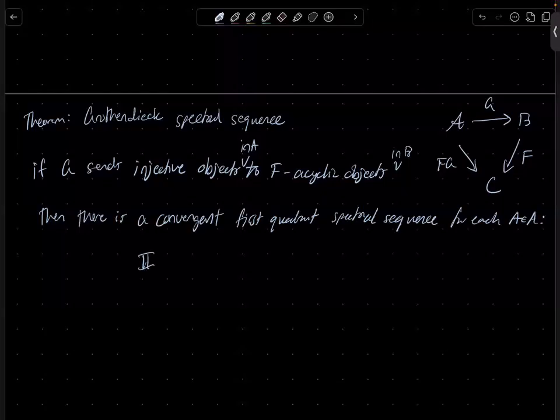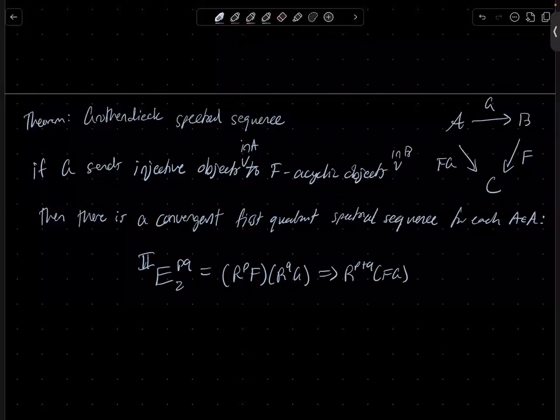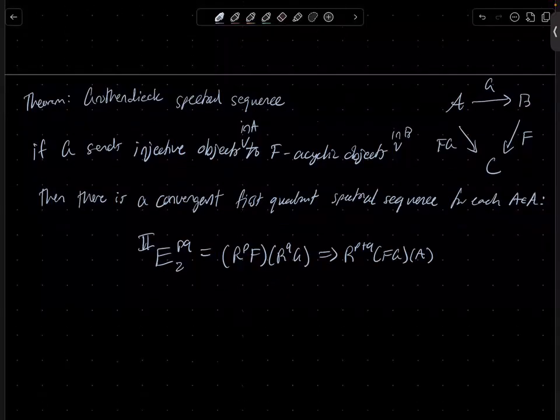It's given by R^P F, then R^Q G, and this will converge to R^{P+Q} of FG, applied to A. So if you ever wanted to calculate the derived functor of a composition of functors, you could get pretty close by just knowing how to derive each of the functors individually.